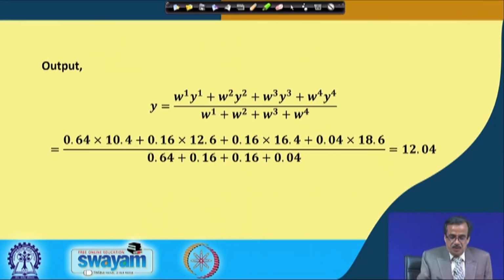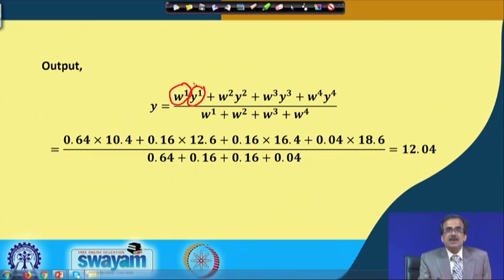This output is W 1 multiplied by y 1, the weight of the first fired rule multiplied by the output of the first fired rule, plus W 2 multiplied by y 2 plus W 3 multiplied by y 3 plus W 4 multiplied by y 4, divided by W 1 plus W 2 plus W 3 plus W 4.